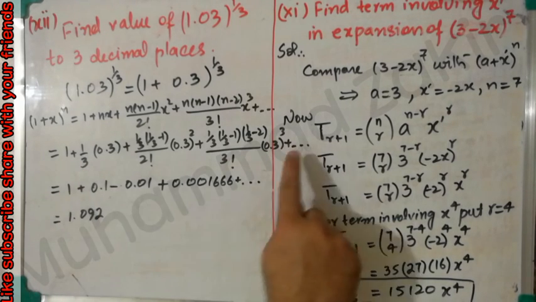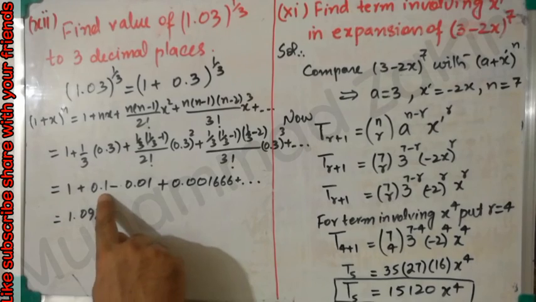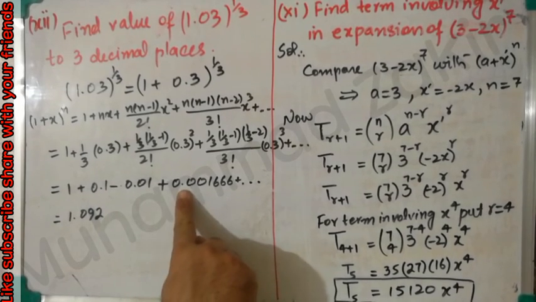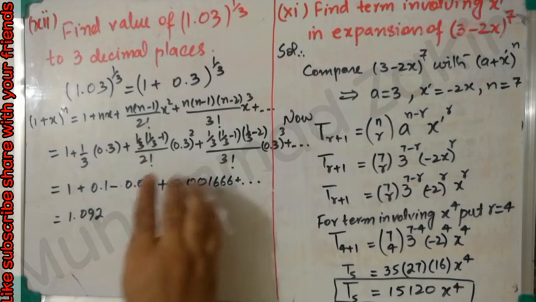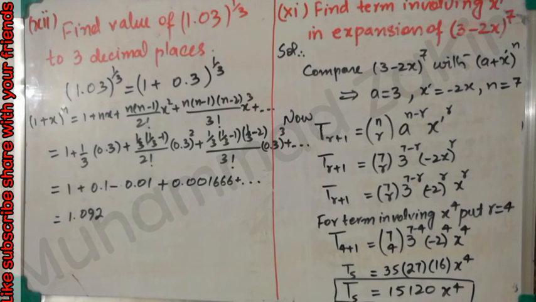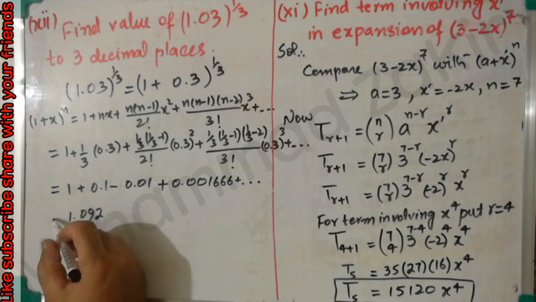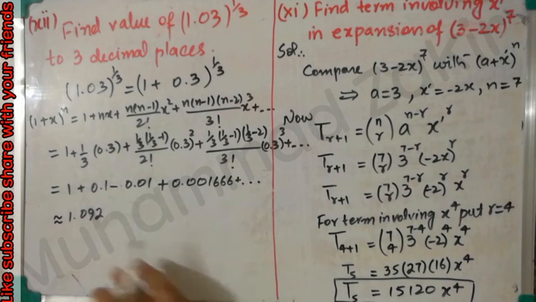By evaluating all these values, this is 1, this is 0.01, this is 0.0001, this is 0.00166, and so on. So these are all added up. Obviously the other terms are not included here, so this is approximately equal to 1.092.